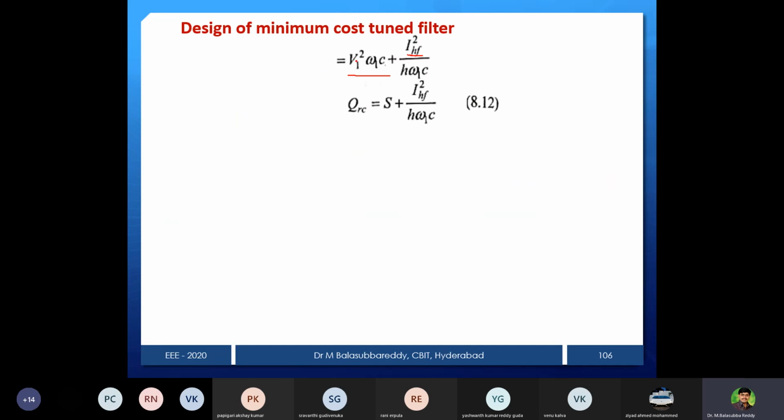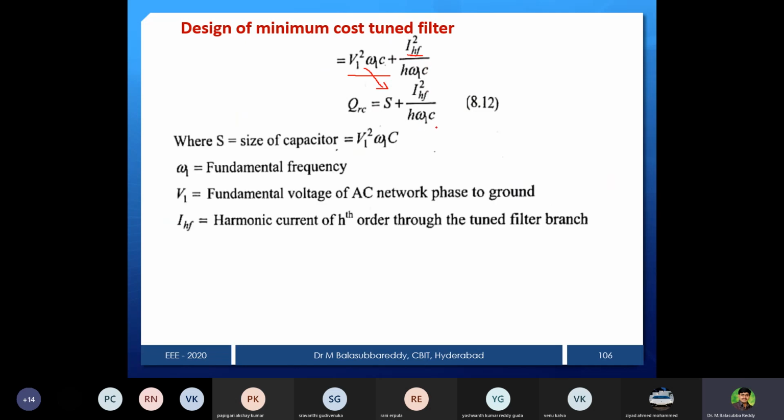And now just for simplicity I consider S is equal to V1 square omega 1C, and this factor you can see as such, H square by H omega 1C. And now S is the size of the capacitor, we already mentioned it is the MVR required by that. So size of the capacitor I can represent V1 square omega 1C, just replacement of that equation only.